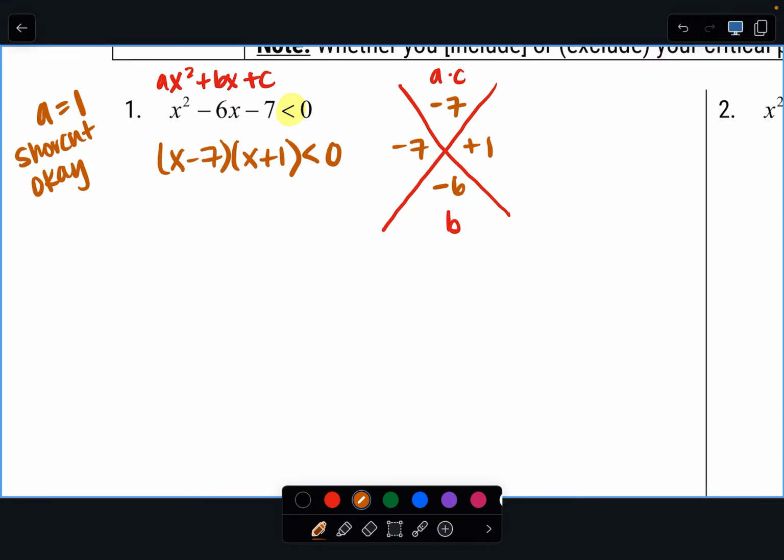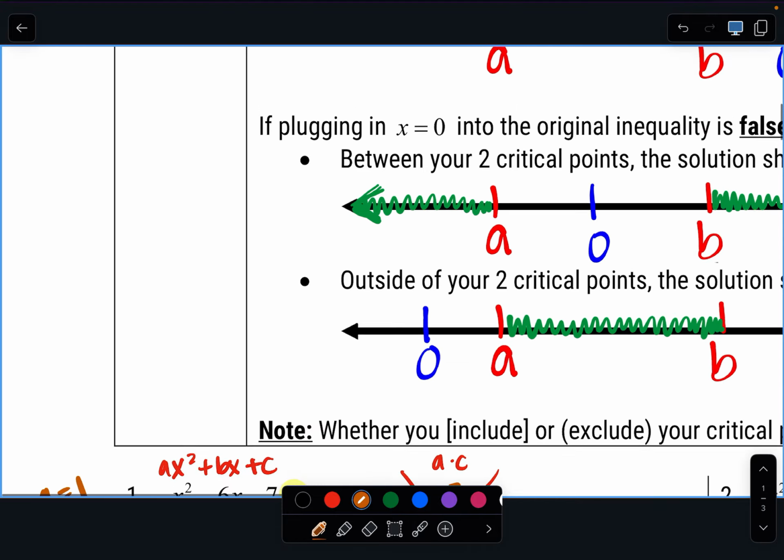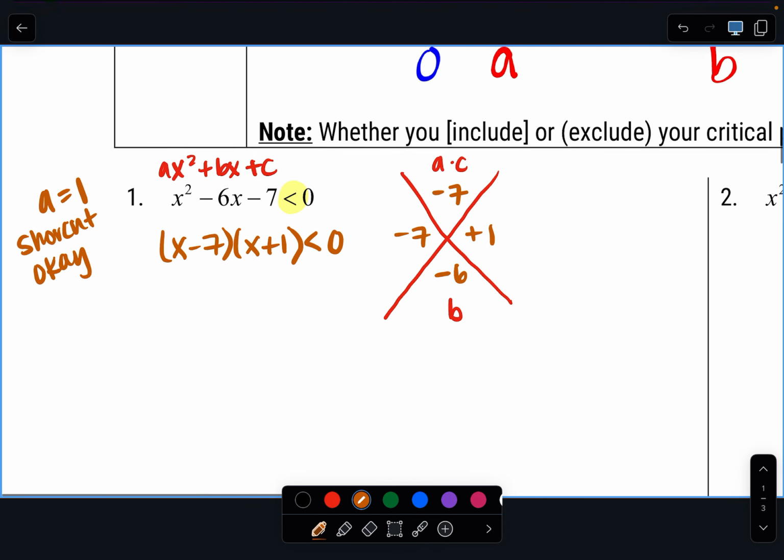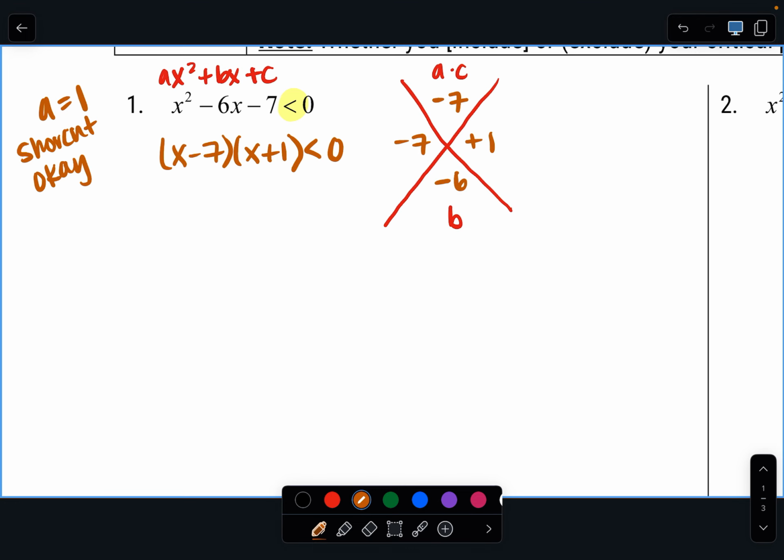Now, I have my 2 factors. So we did step 1 in the directions. For step 2, it says to solve to find the critical points, and draw a number line with your critical points on it. This, again, is pulling from 5.2. A lot of what we'll do in quadratics in this entire unit relies on each other.